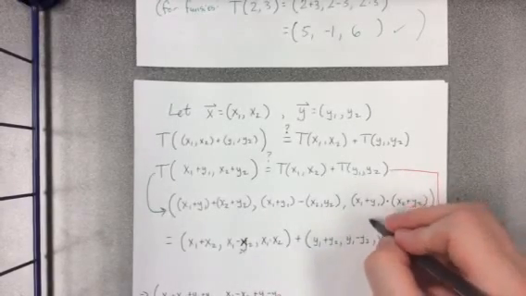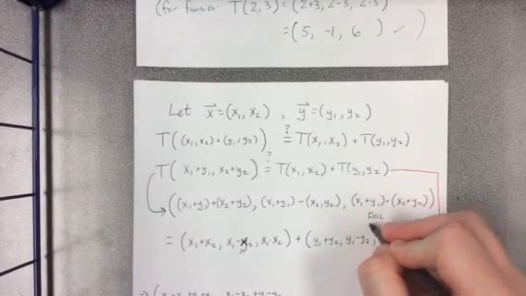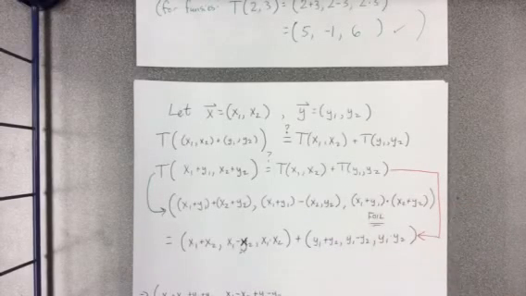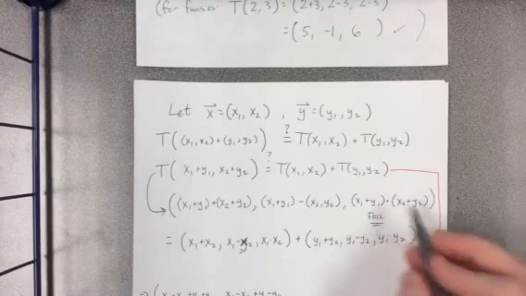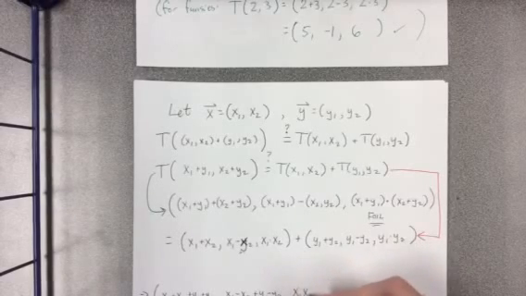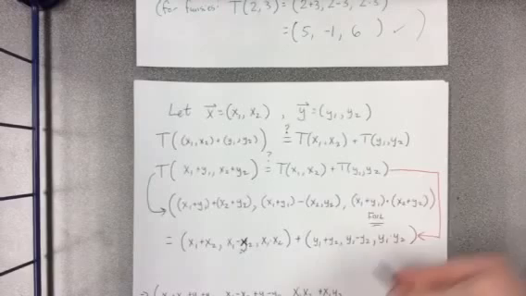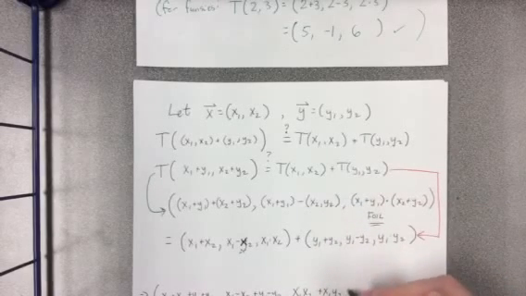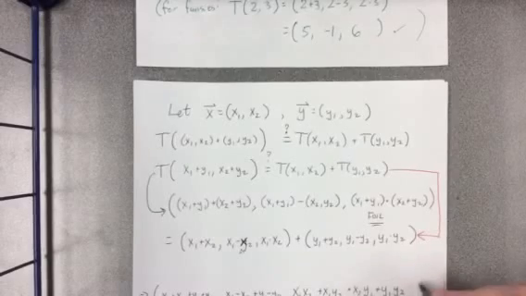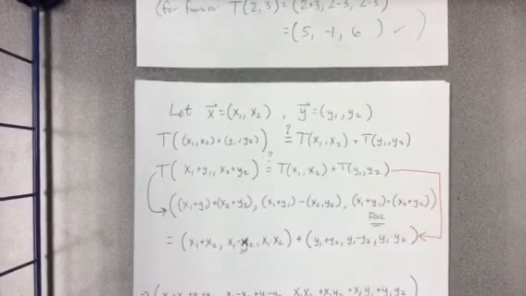My favorite four-letter F word is going to pop up there. That'll be FOIL. So if we FOIL these together, that'll be x1, x2 plus x1, y2 plus x2, y1 plus y1, y2. That is our new left-hand side.